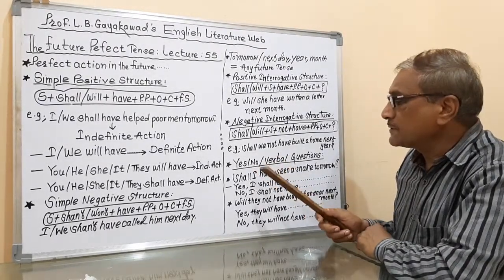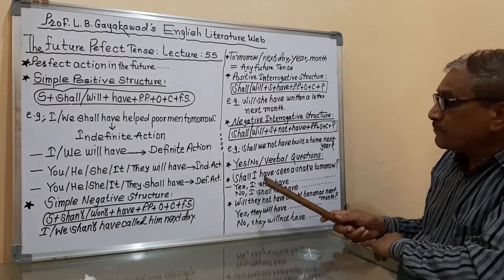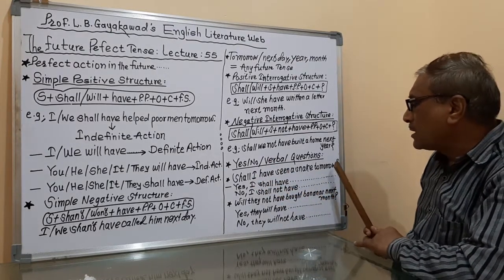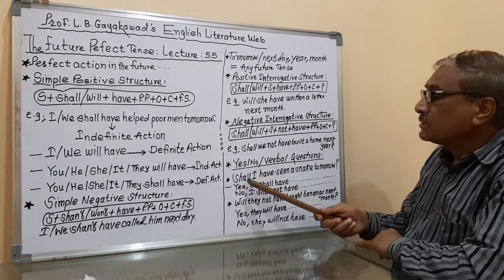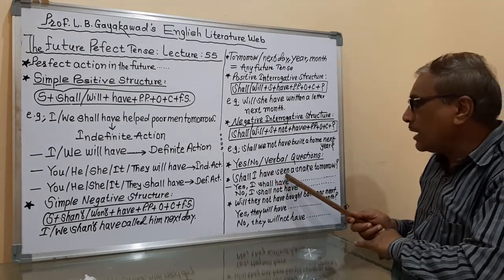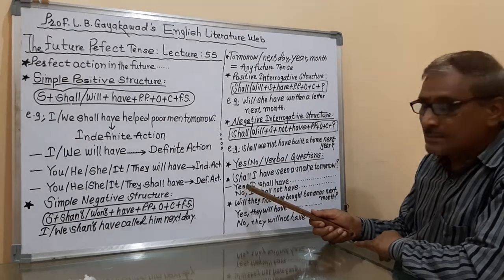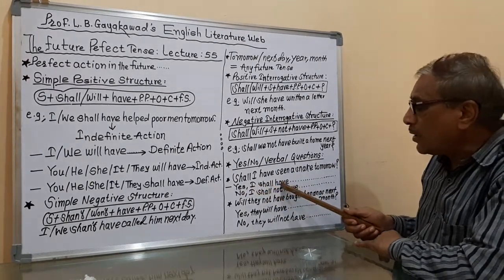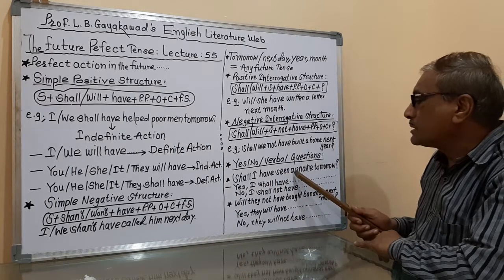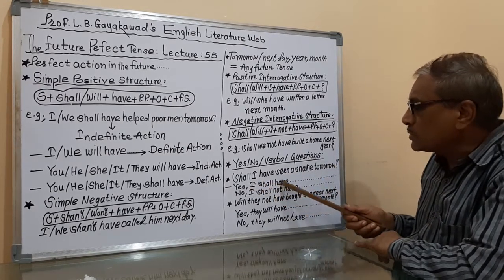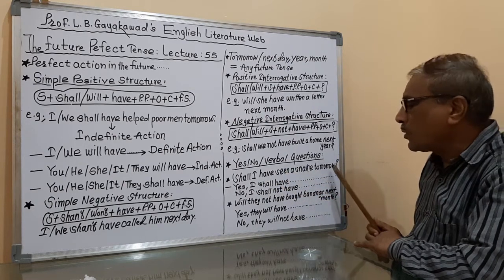So the first question is: shall I have seen a snake tomorrow? Shall I have seen a snake tomorrow? The answer is: yes, I shall have seen a snake tomorrow. Yes, I shall have seen a snake tomorrow.